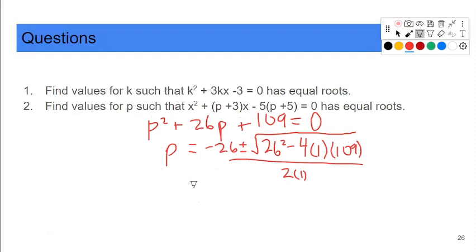Everybody okay so far? It's just using the quadratic formula because this is a quadratic.